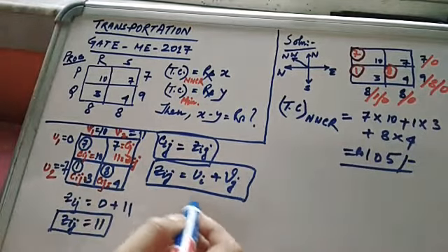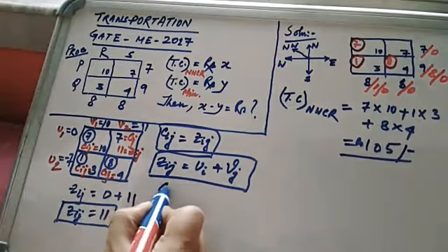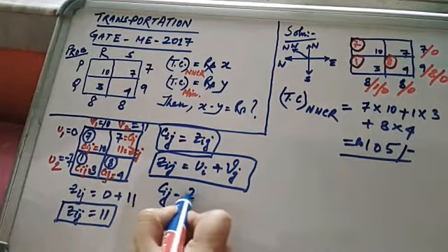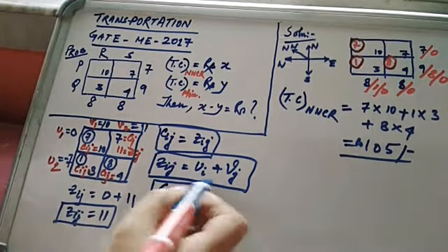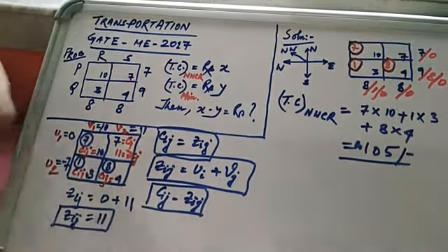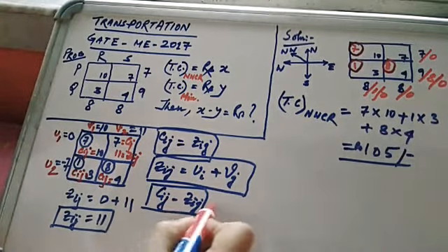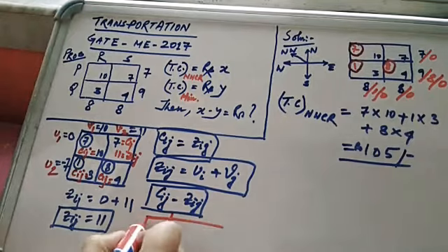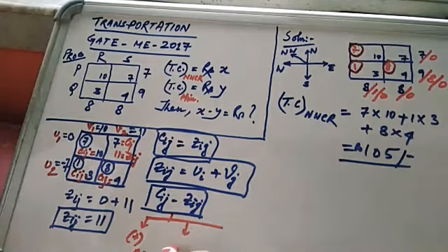Now since we have got the Cij value and the Zij value, we have to calculate the difference between the two, that is Cij minus Zij. As you already know, from this difference you can determine the optimal table. If this value is positive, the Z value increases. If this value is negative, the Z value decreases.